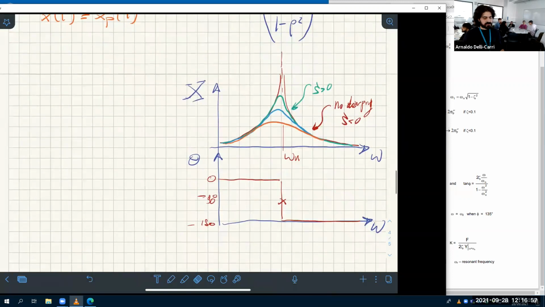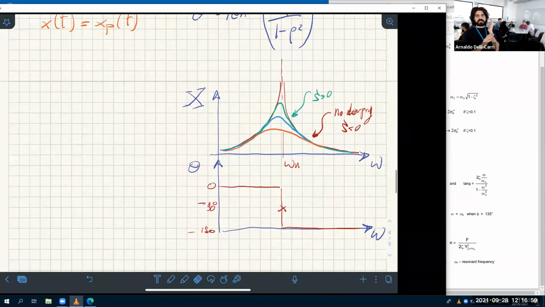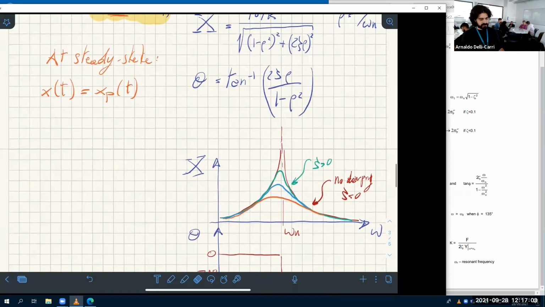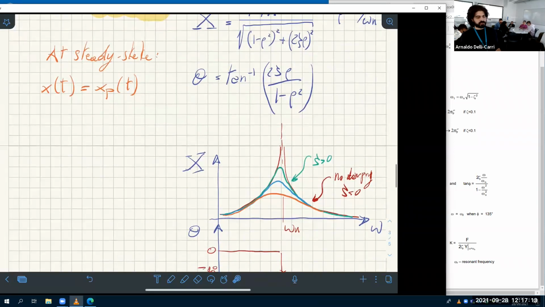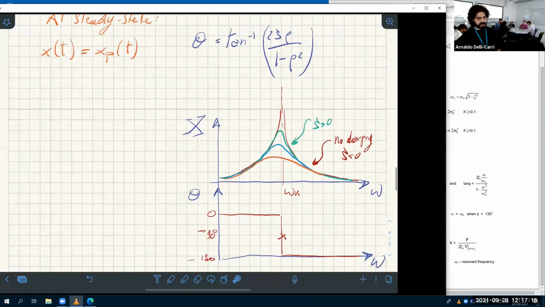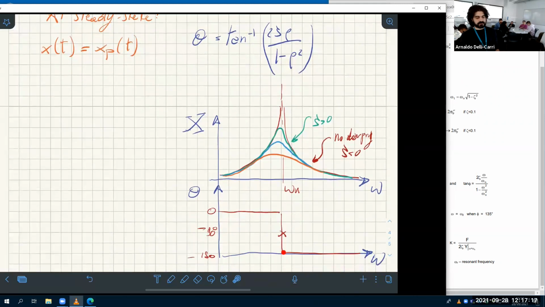What happens to theta though? Well, theta has this sharp turn. If you have no damping, see what happens here? No damping, 0 over 1 minus rho squared. So 0, then this changes sign, and then bam, minus 180. Okay.